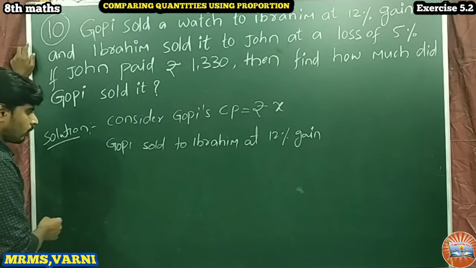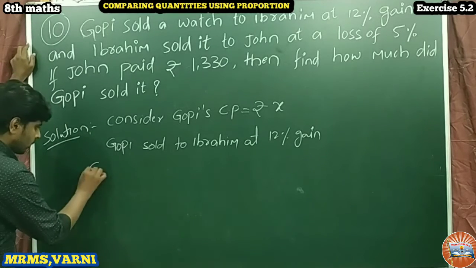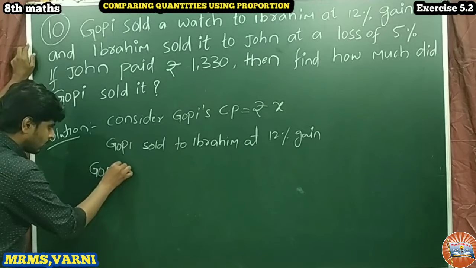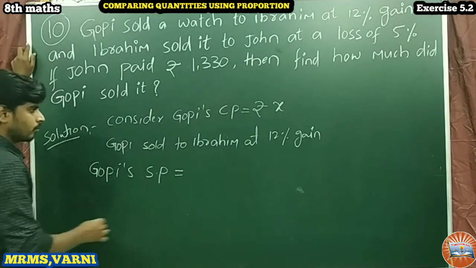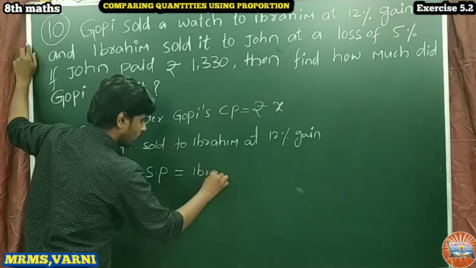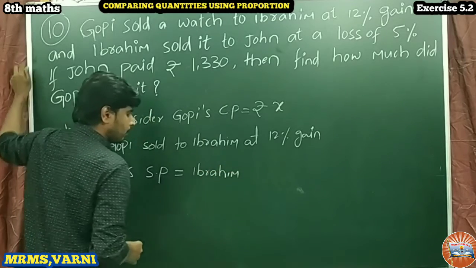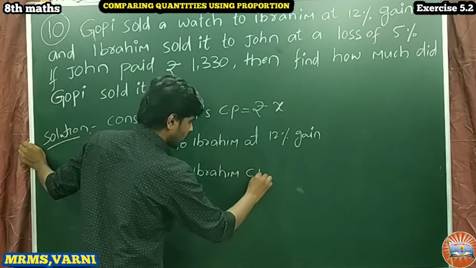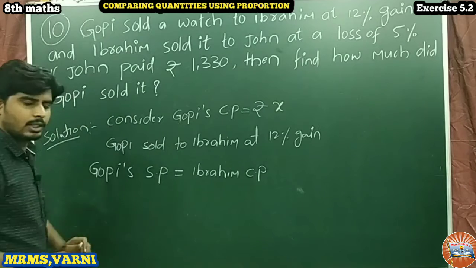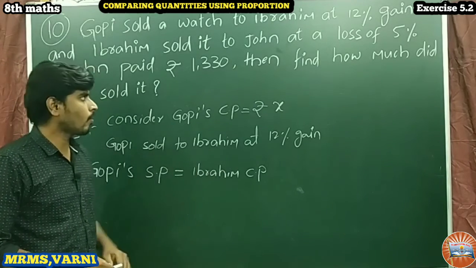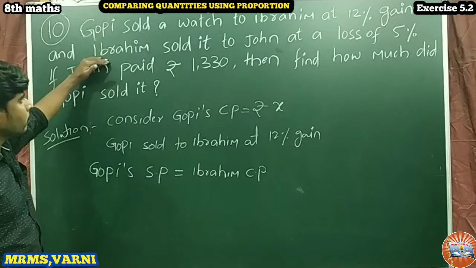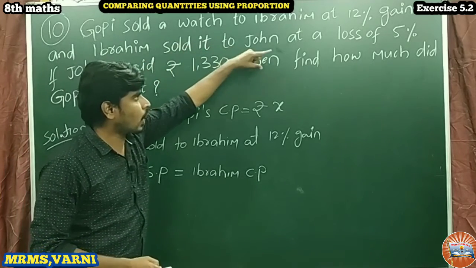Suppose if you see carefully, Gopi's SP is equals to Ibrahim's CP, isn't it? Gopi's SP is equals to Ibrahim's CP. Next, Ibrahim sold it to John at loss of 5%.